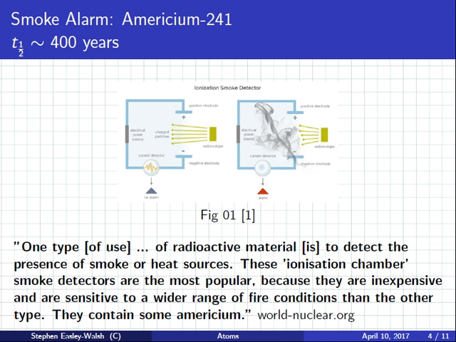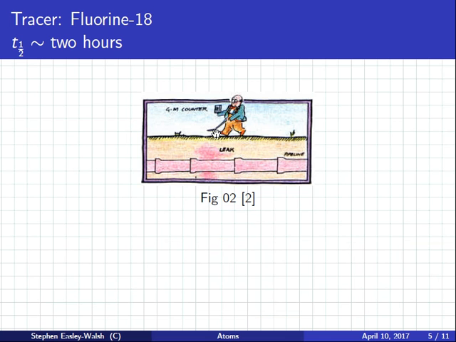But 400 years is pretty long. I don't know if americium-241 occurs in nature or if it needs to be man-made in a lab. I'm not sure actually.